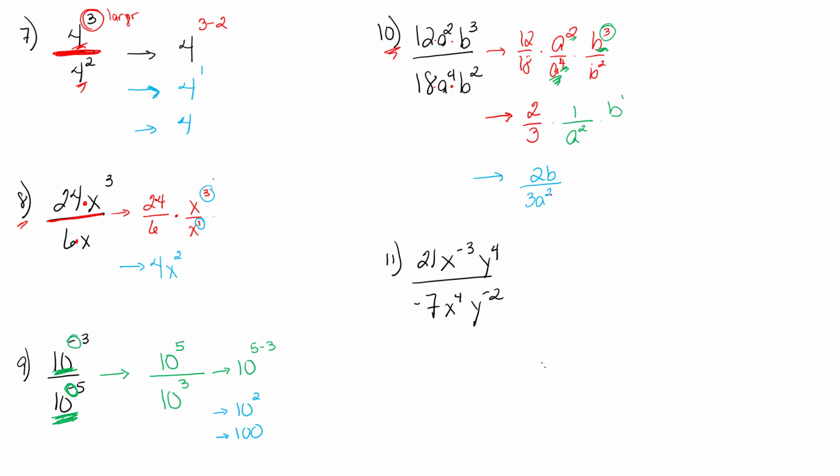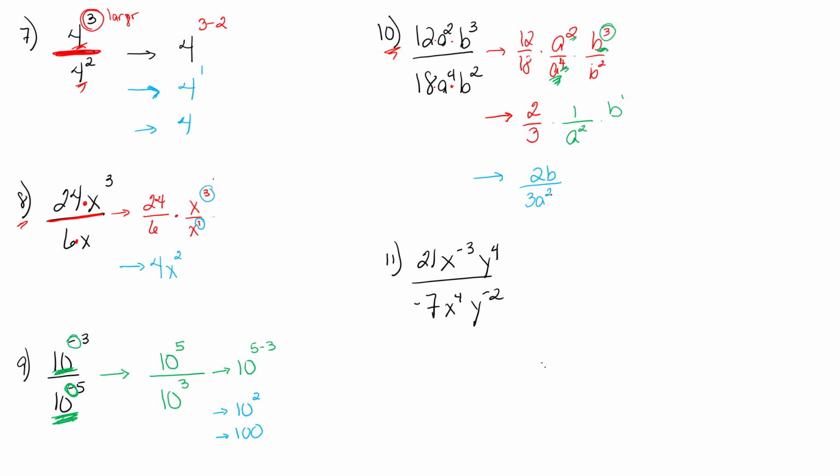How you doing? Does that make sense? Love it. Okay, do you notice problem 11? It's kind of a combination of problem 10 and problem 9, because I have negative exponents, don't I? But I've got a bunch of multiplication going on as well, don't I? So what do you think I'm going to do first?